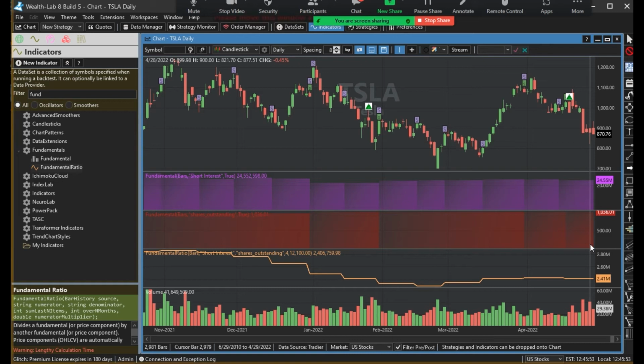It's basically, given the float and the daily volume, how many days would it take to cover all the short? That's the metric that gets you to the hit point for a potential short squeeze, so that could be very valuable to the community. Yeah, I'll create a days to cover indicator.